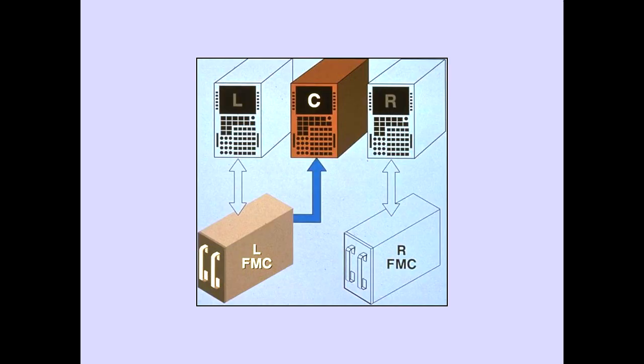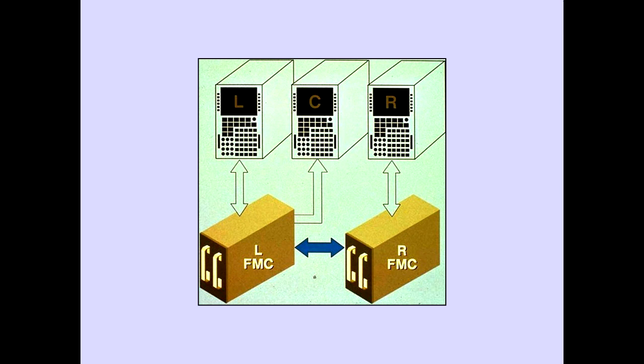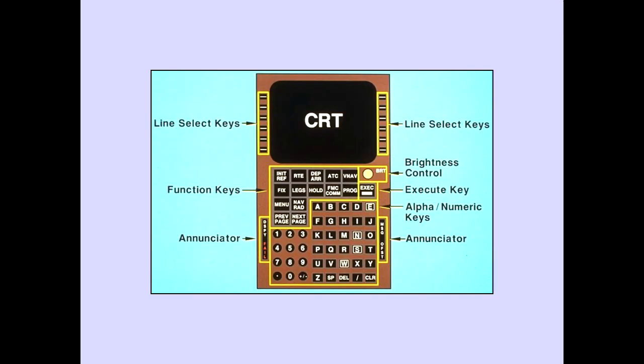Center FMS CDU receives information from the left FMC, but it cannot send information to either FMC. The two FMCs communicate with each other. The FMS CDU has a CRT, line select keys, function keys, a brightness control, execute key, alphanumeric keys, and annunciators.